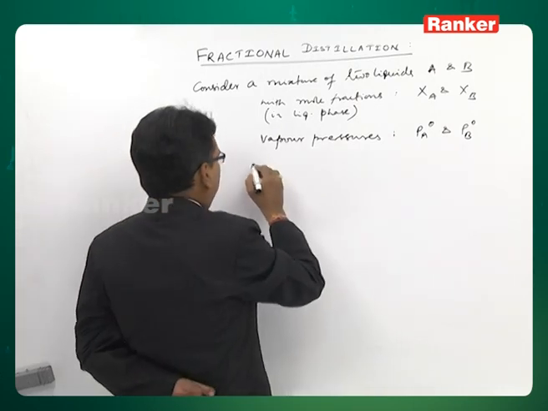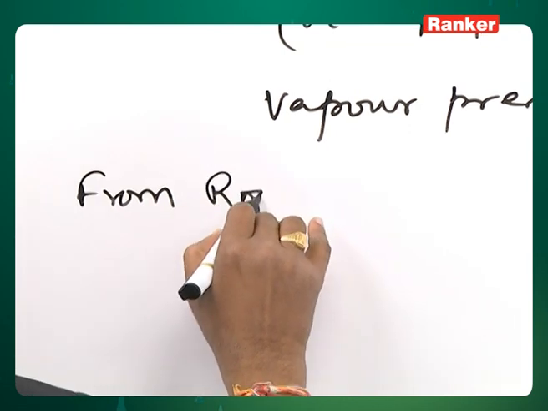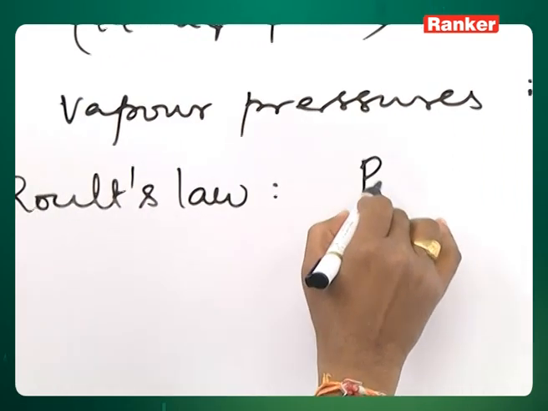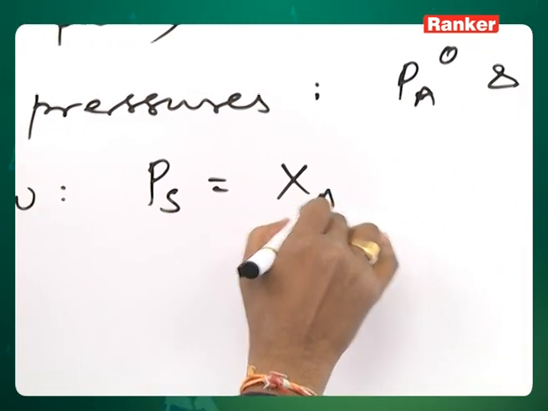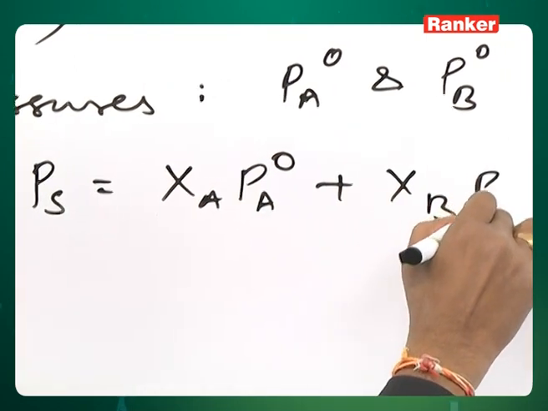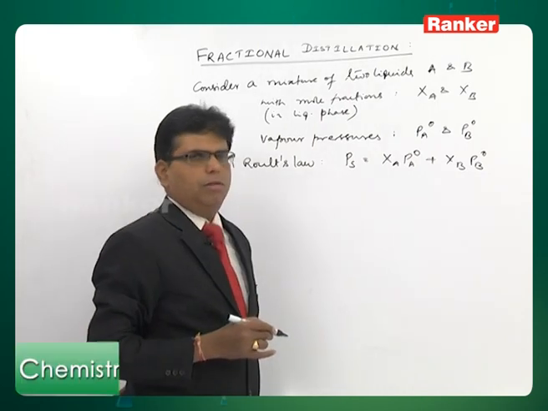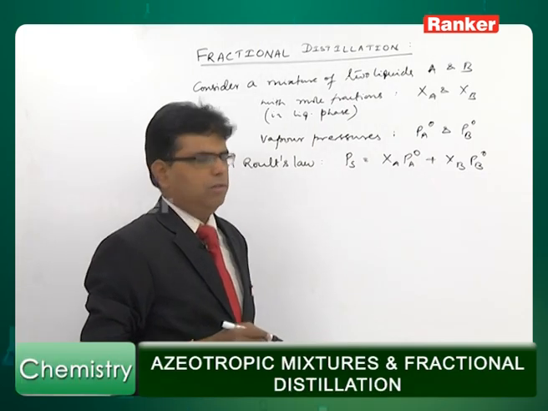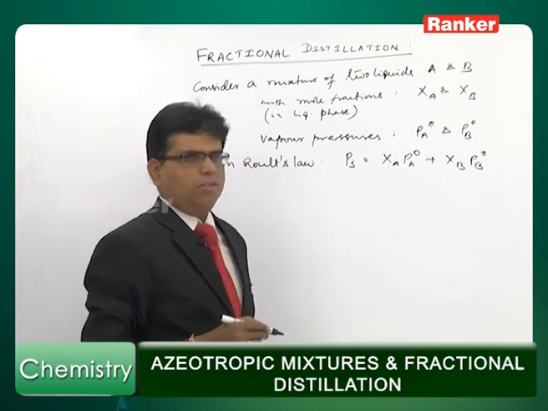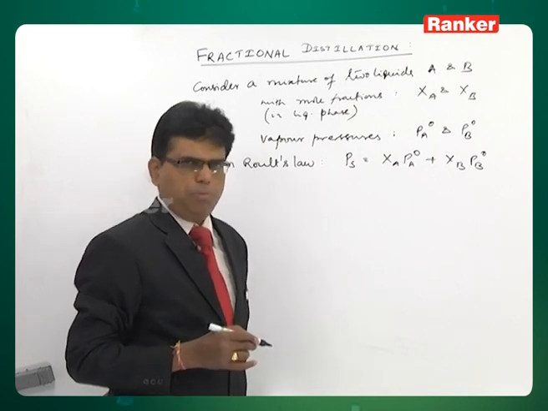Then from Raoult's law and Dalton's law, Ps is equal to Xa Pa naught plus Xb Pb naught, where Ps is the vapor pressure of the solution obtained upon mixing the two liquids A and B in the mole fractions of X A and X B, right.